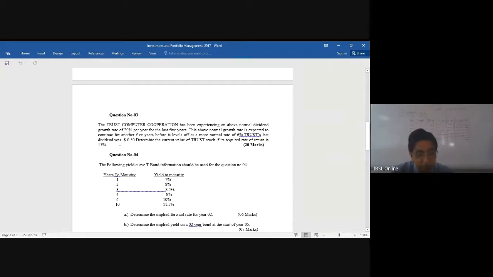So if you apply the one-stage model, you will get a negative price. Therefore, we can't use the one-stage model to compute the stock value here. What we can do is use the two-stage model to calculate the value.